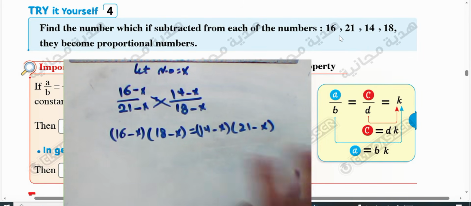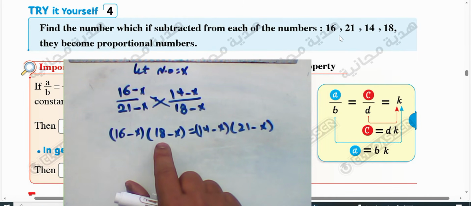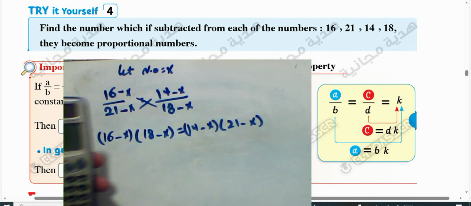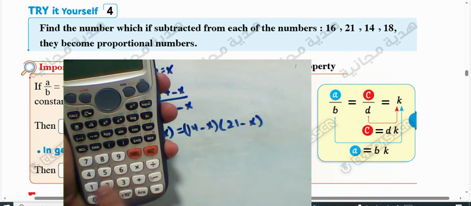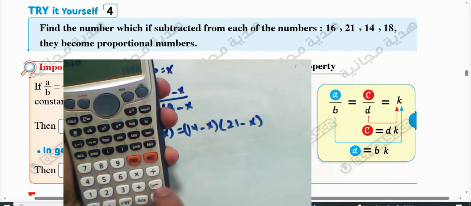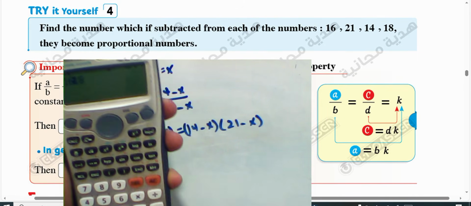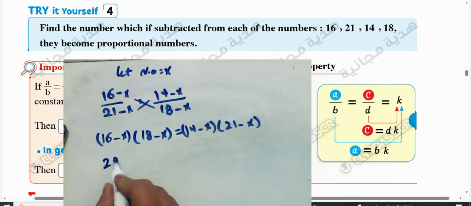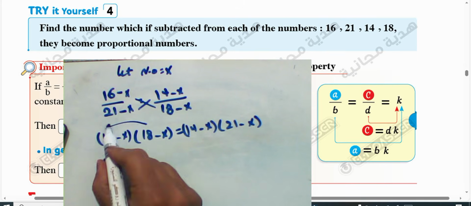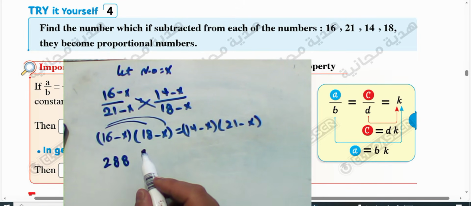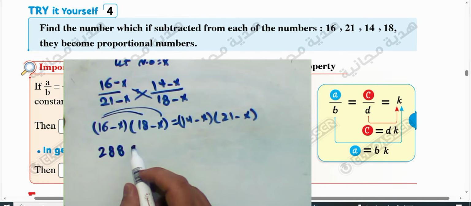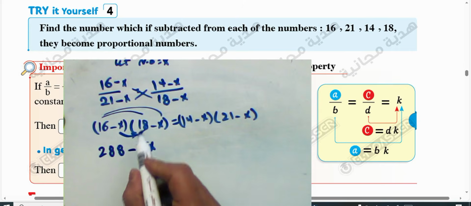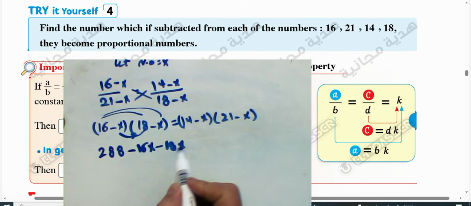And then simplify, 16 times 18. You can multiply the two numbers. We can use a calculator. 16 times 18 equals 288, and 16 times x using distributive properties. Write negative 16x and negative x times 18, negative 18x.